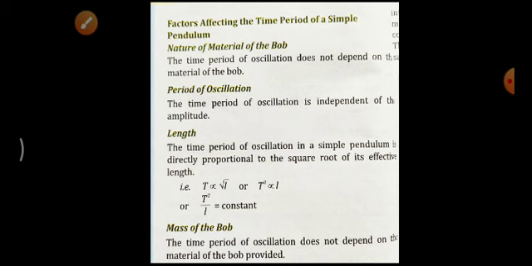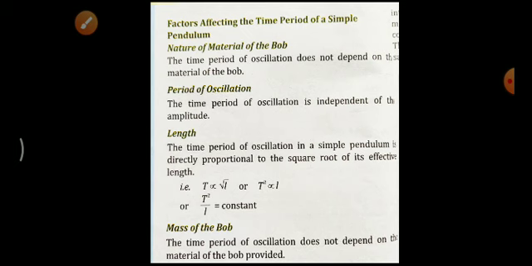If we square both sides, we get T square is directly proportional to the length. What can we understand from this relation? If the length decreases, then the time period will also decrease, and if the length increases, then the time period will also increase.